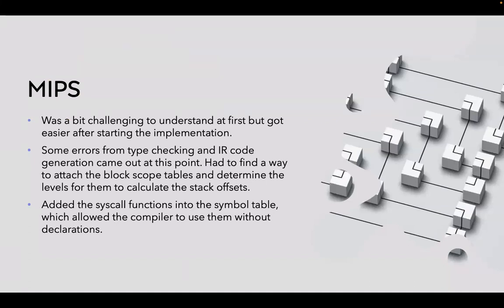And once again, I had some errors pop up from type checking and IR code generation and had to find a way to attach the block scope tables because they were sort of dangling there in my symbol tables, and I had to determine the levels for them to calculate the stack offsets. And one additional feature here was that I added the syscall functions into the symbol table, which allowed the compiler to use them without declaring them at the start.